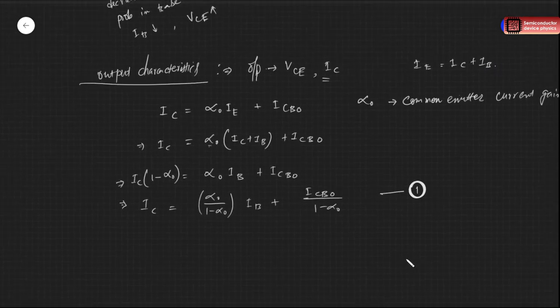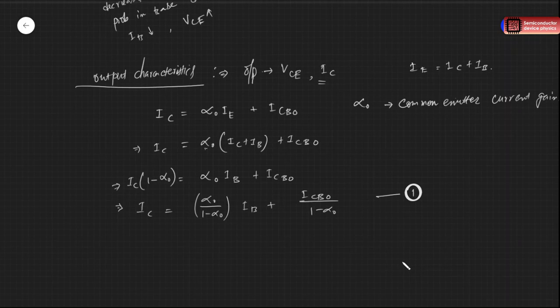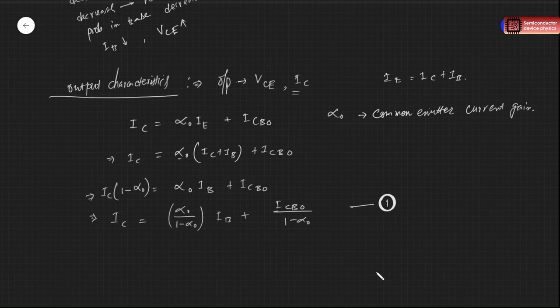Now we define the common emitter current gain. This alpha naught is the simple current gain of the transistor, right?